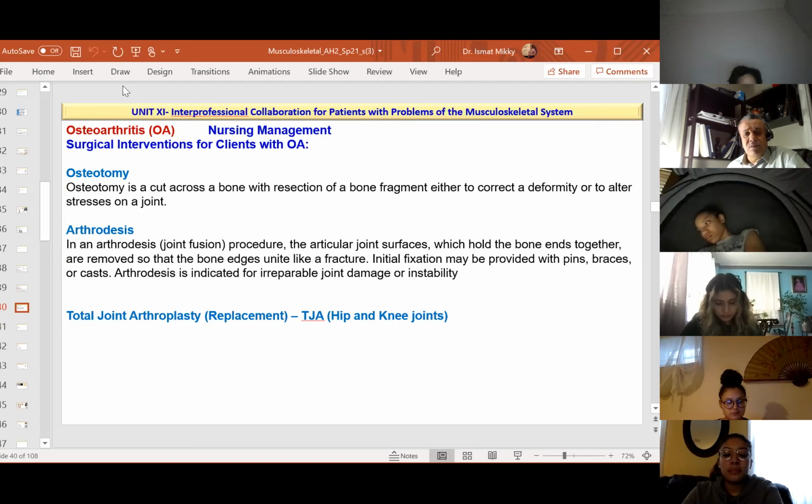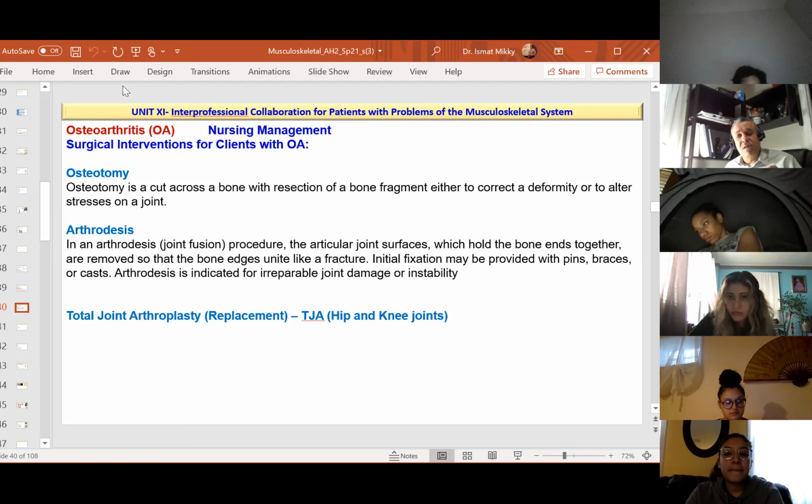The osteotomy can be used in the early stages of hip osteoarthritis, when the joint congruency still exists and the motion is relatively normal.